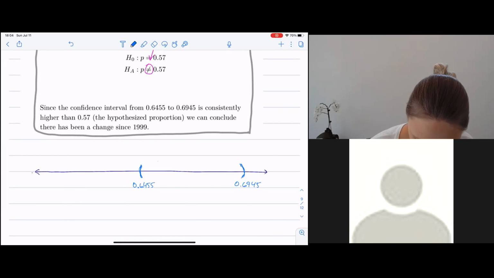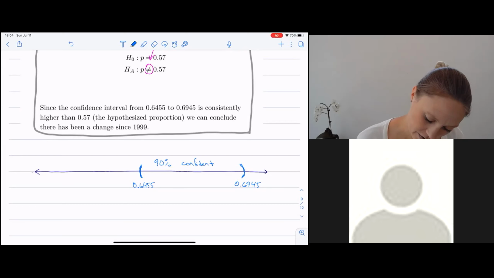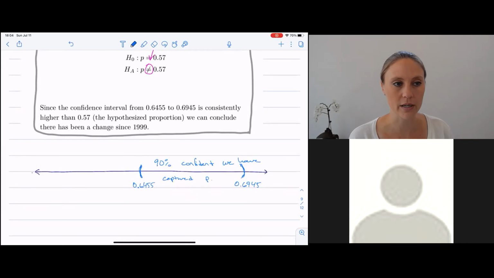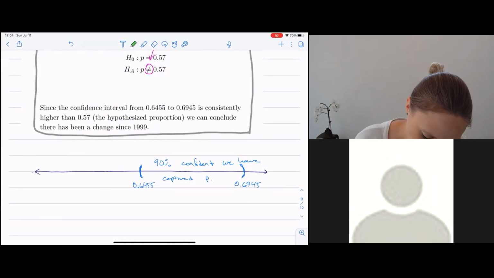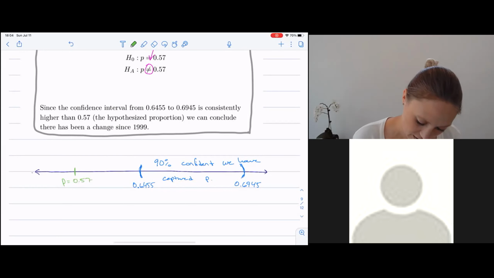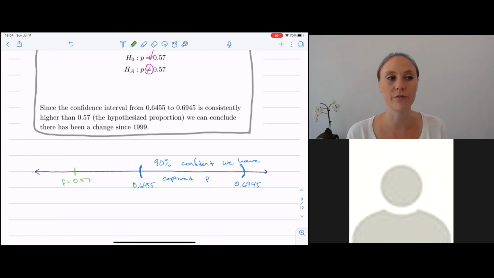Right, and so here we're 90% confident we have captured P, right? So that's our interval. And because we're 90% confident that we've captured the true proportion P here, then the hypothesized proportion down here, P equal to 0.57, is outside that interval, right?